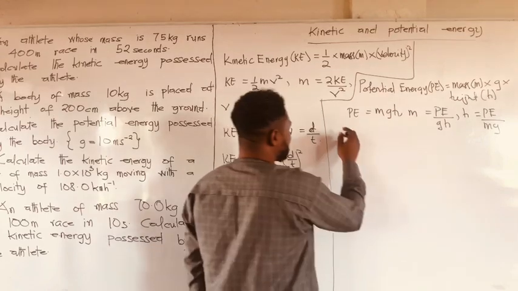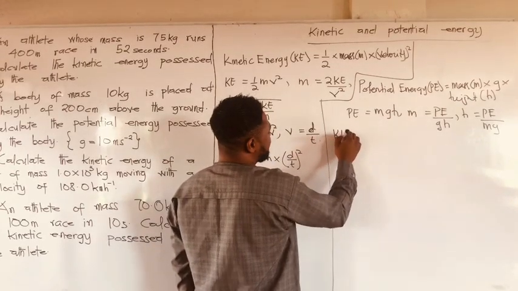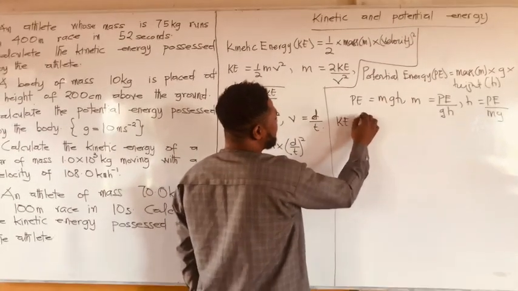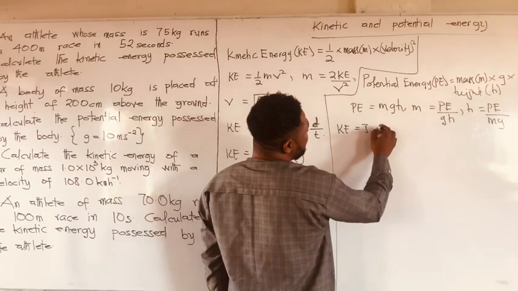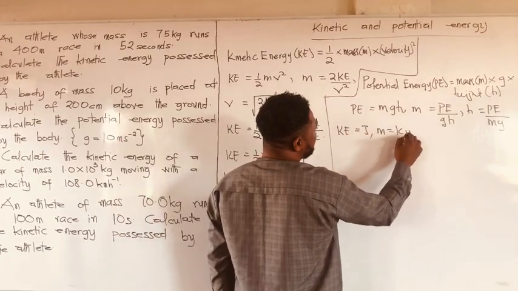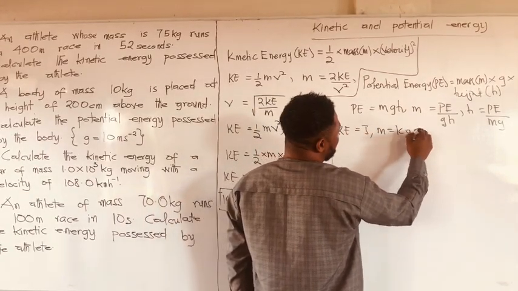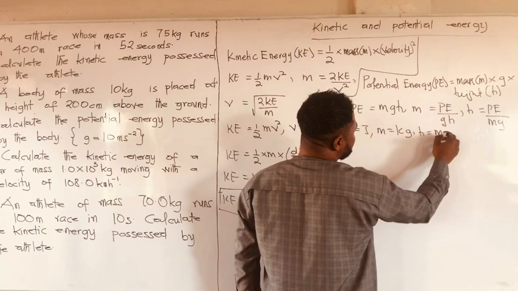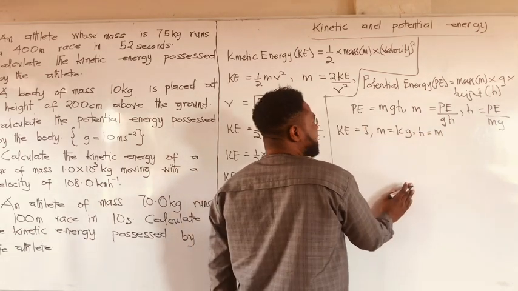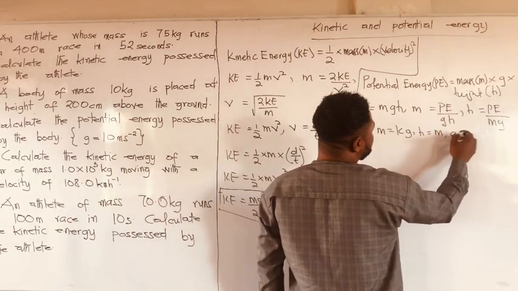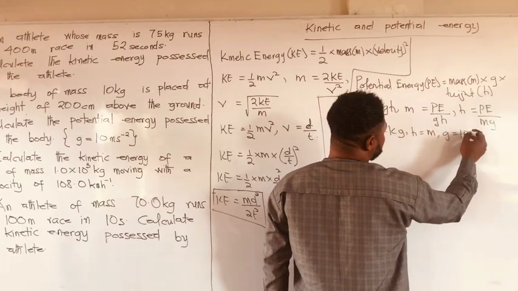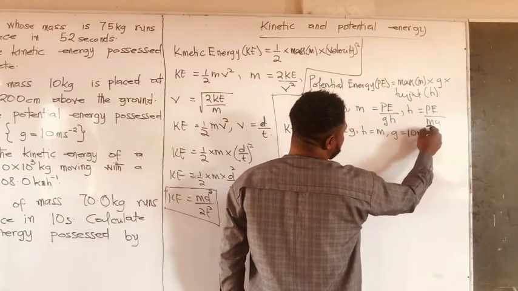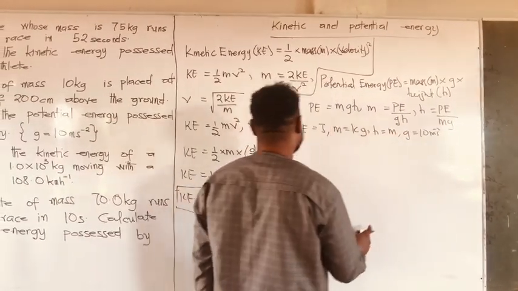Don't forget the unit. Our kinetic energy is measured in joules. Our mass is measured in kilogram, and our height is measured in meters. And again, our gravity is constant, that is 10 meters per second squared, approximately.